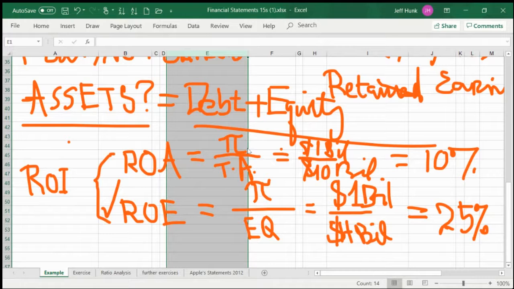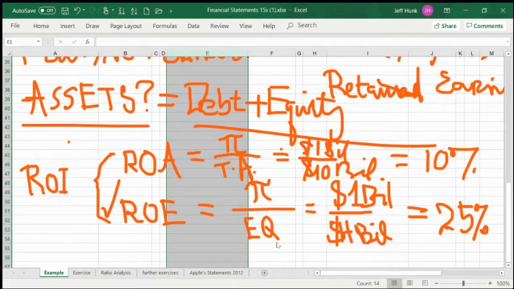Right? Basically, the numerator is the same. And if the numerator is the same, whichever one has a smaller denominator will end up in a greater fraction. Make sense?